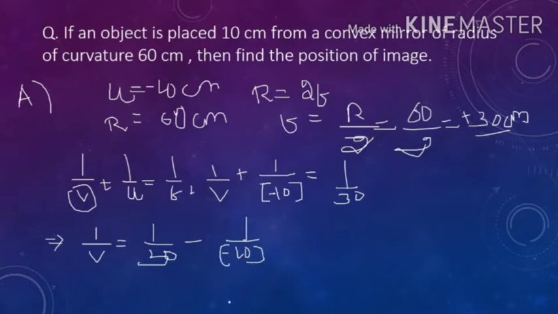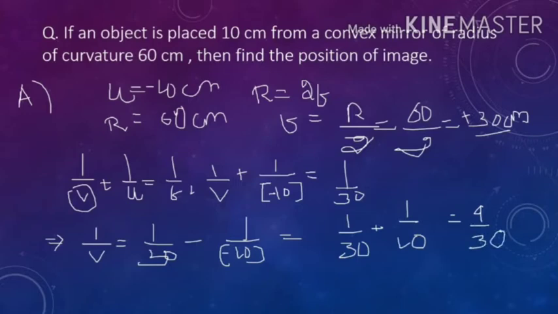So 1 by v equals 1 by 30 minus 1 by minus 10, which gives 1 by 30 plus 1 by 10. So the answer is 4 by 30.